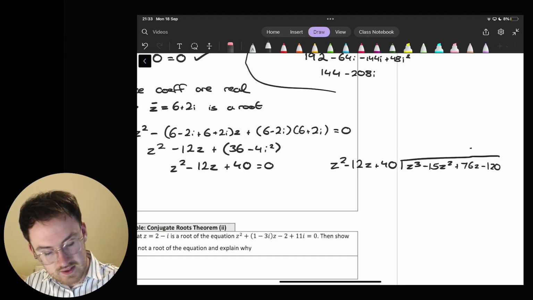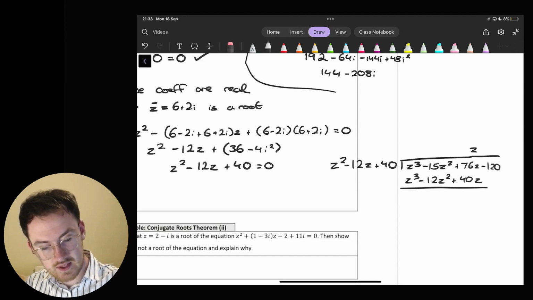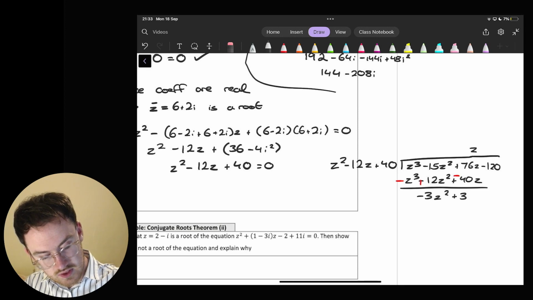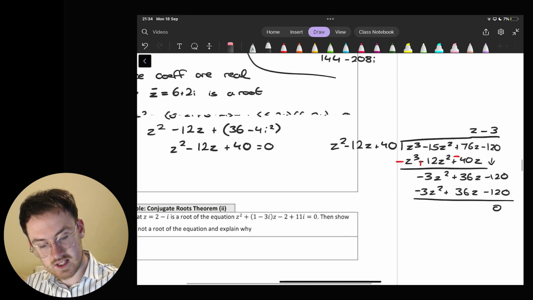We get z cubed minus 12z squared plus 40z, and following through with our long division, minus 3, and plus 36z, we can bring down our minus 120. Minus 3 gives me minus 3z squared plus 36z minus 120, and they will subtract to give me 0.